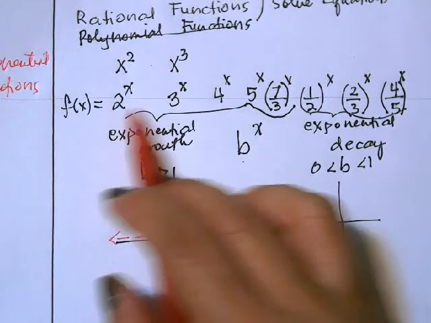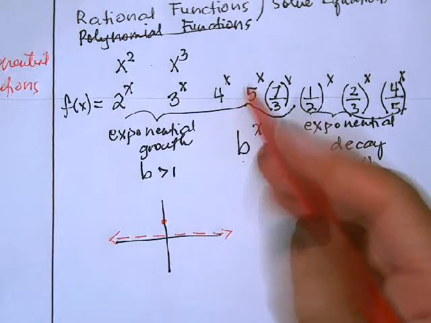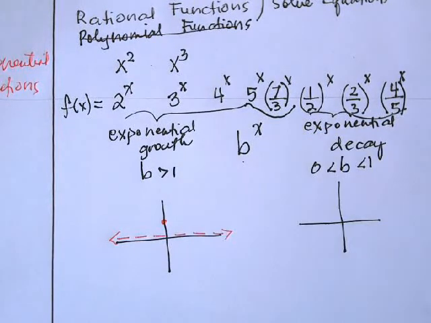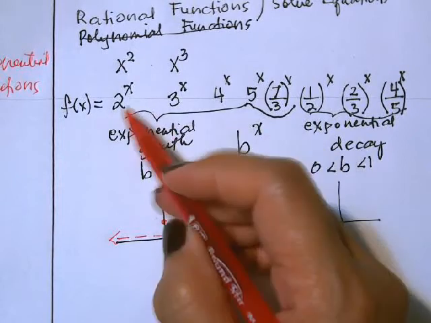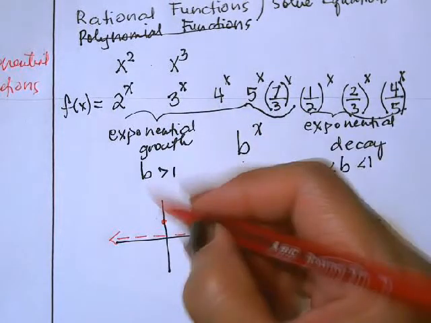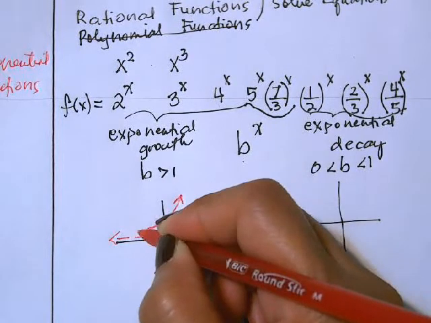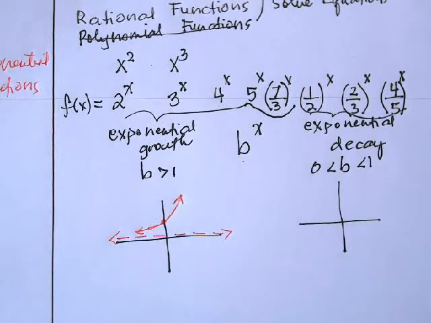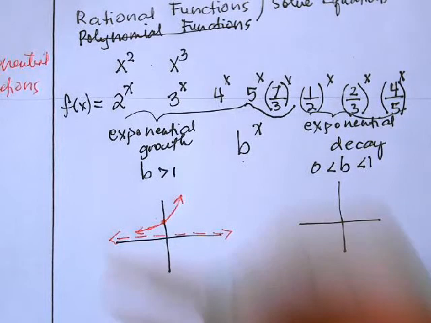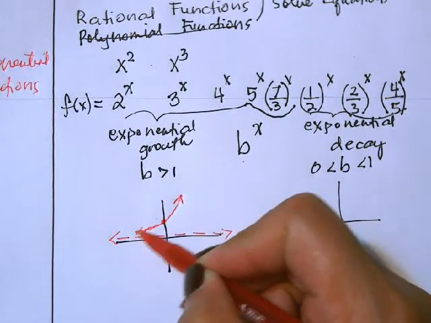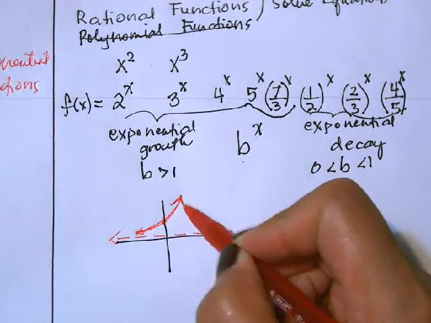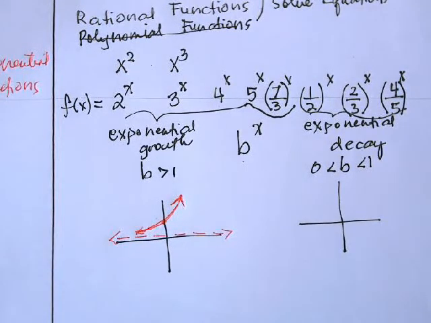So all of these have the same y-intercept, 1. And then when x is 1, you get 2, 3, 4, 5. You're going to have this shape going up, and this one will approach your asymptote. It's going to go closer and closer, but it's not going to touch it. It's increasing: as x approaches positive infinity, y approaches positive infinity.